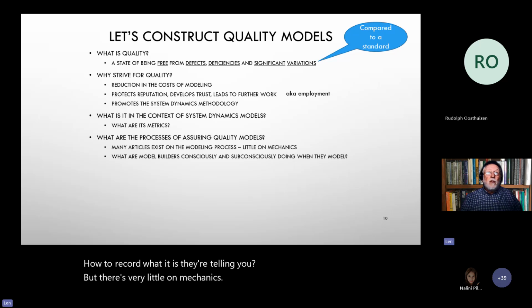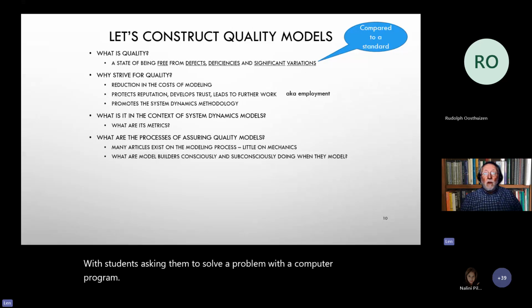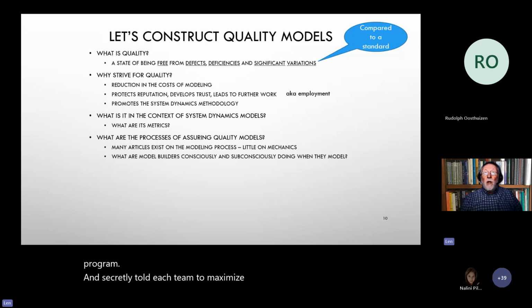In my software engineering days, there's a very famous experiment done with students asking them to solve a problem with a computer program. The professor secretly told each team to maximize something different to solve the problem.